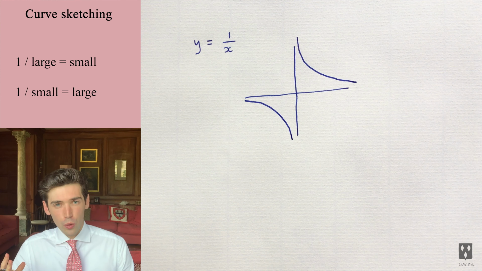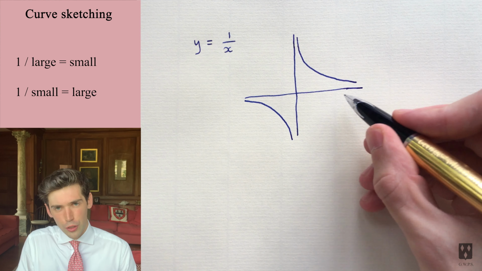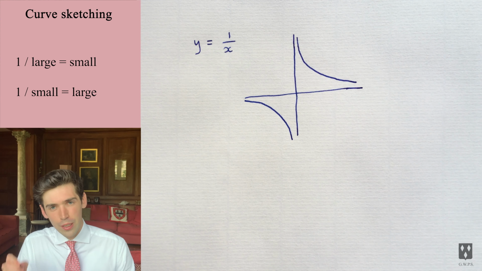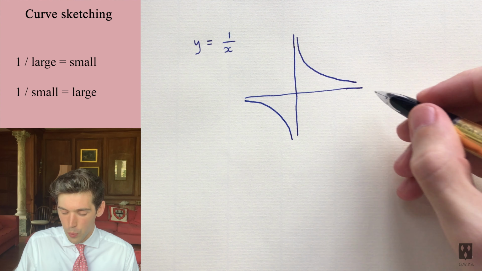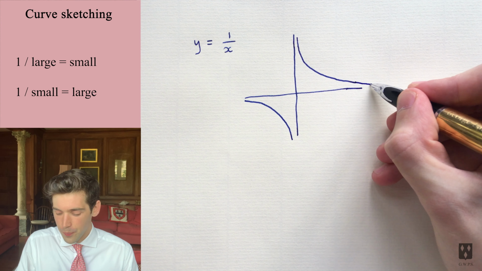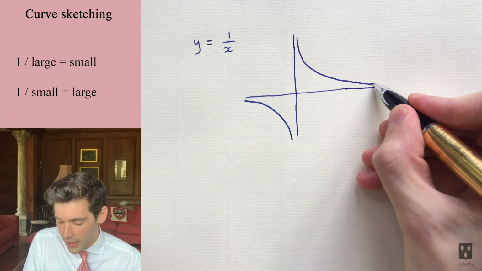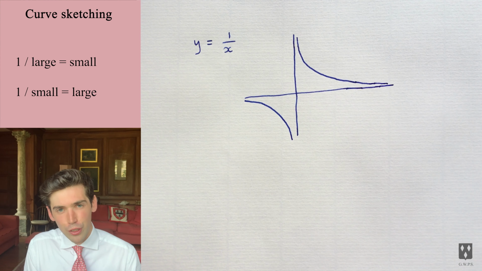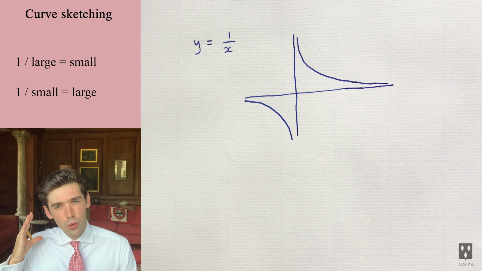The basic reciprocal shape. So with this, what happens is this curve gets closer and closer to the axis without ever touching the axis. And that's called an asymptote. And that's a very important idea. So we can keep going, and I could keep doing this. And the point is it never actually reaches this line. If you do 1 divided by a billion, 1 divided by a trillion, whatever it is, it's never quite 0.